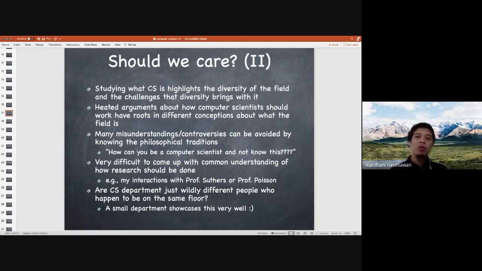There are many differences in points of view, and maybe different entry points to discuss it. I think this is an opportunity and also a potential for the development of computer science itself, because the argument will also help us see how computer scientists should work, with fruit in the different conceptions of what the field is. It will be very interesting to understand.